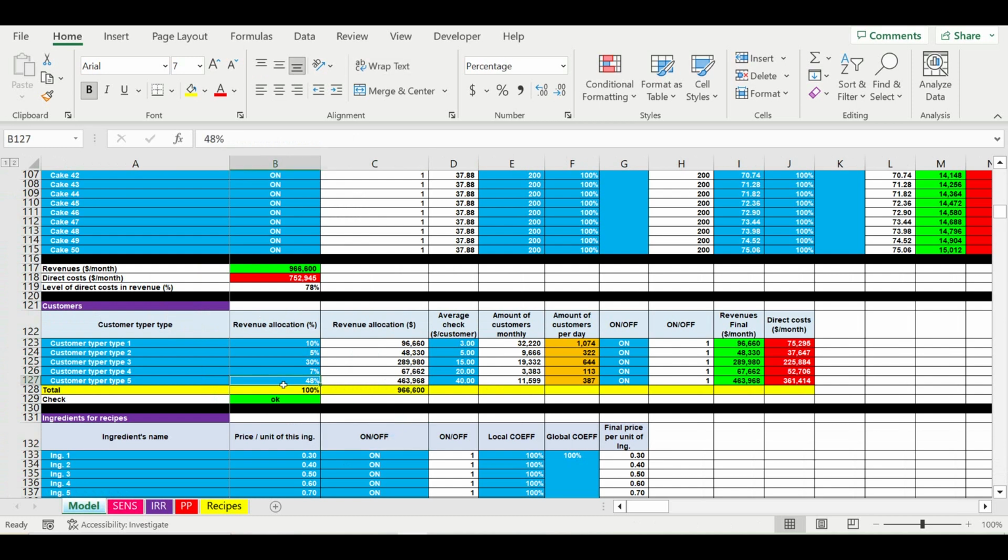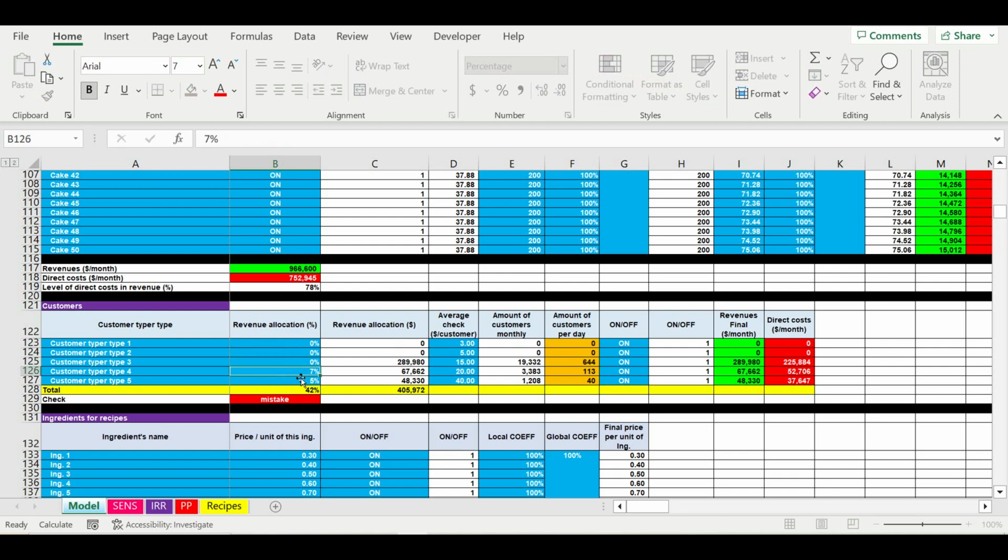For example, they assume that 48% of revenues will go to customer number 1, and let's do it another way. They start reallocating the revenue.